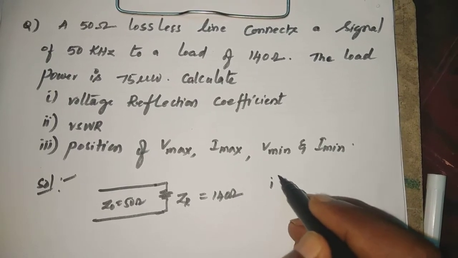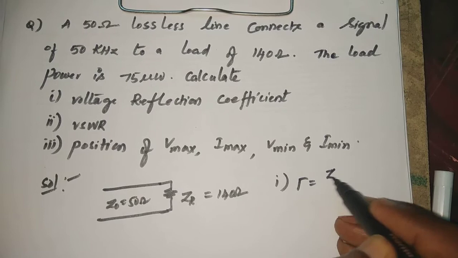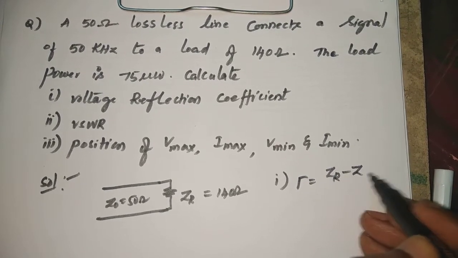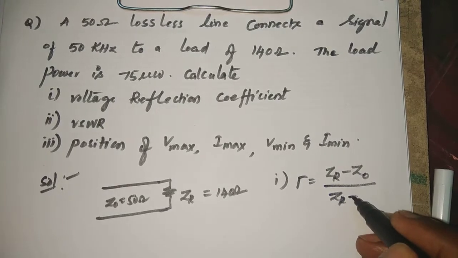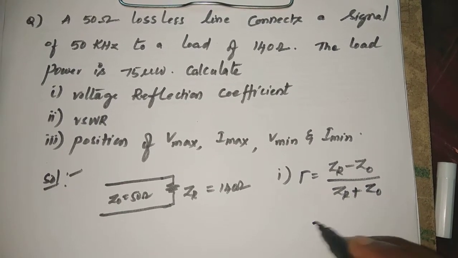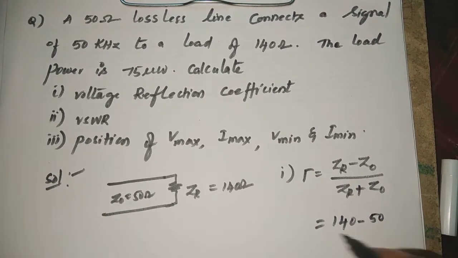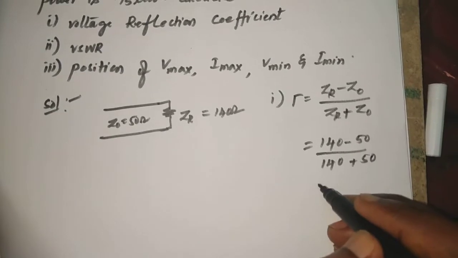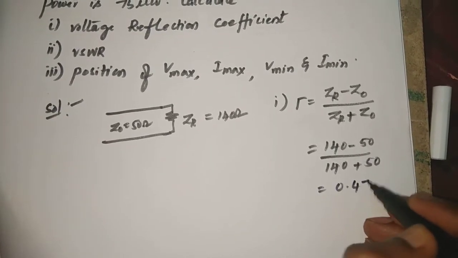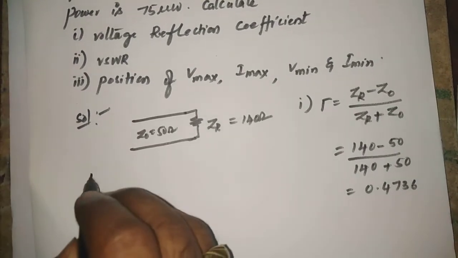The first case is the voltage reflection coefficient tau, whose formula is (ZR minus Z0) by (ZR plus Z0). Substituting the values, 140 minus 50 by 140 plus 50, gives 0.4736.